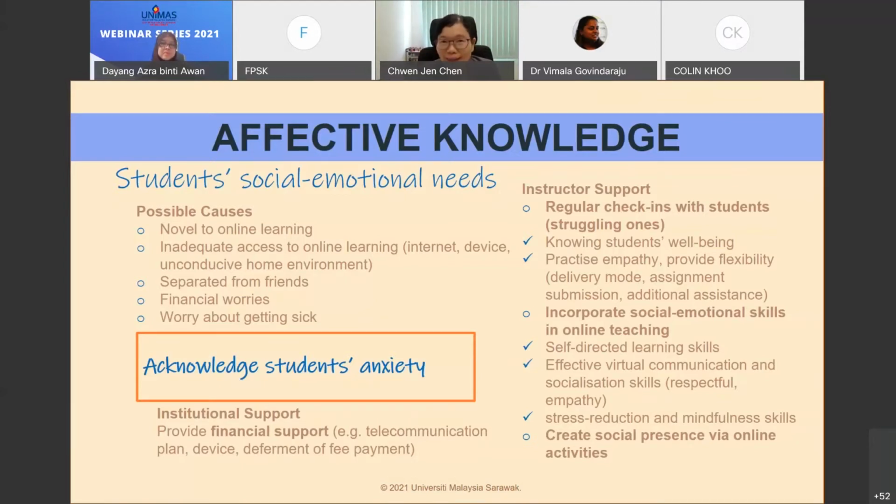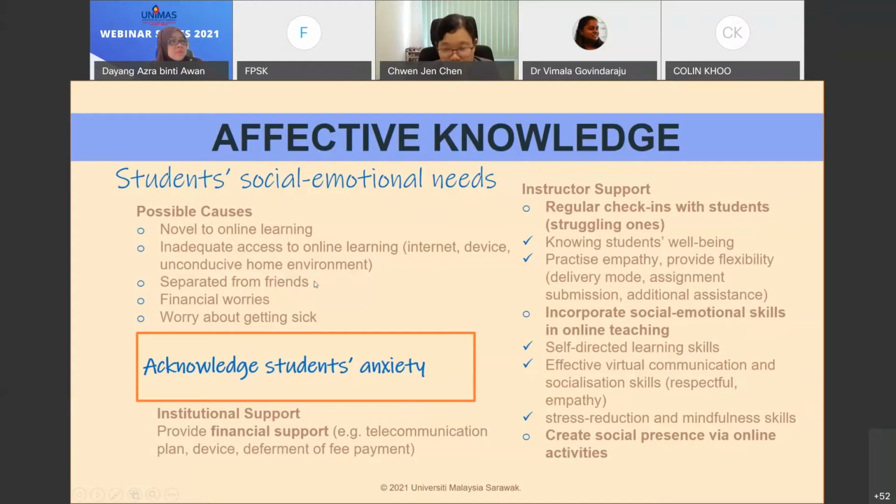That's one thing. Now they are into the third semester of online learning. For returning students, maybe they are more familiar with this kind of learning mode. But then we have to understand the inadequate access to online learning that causes the struggle they are having.